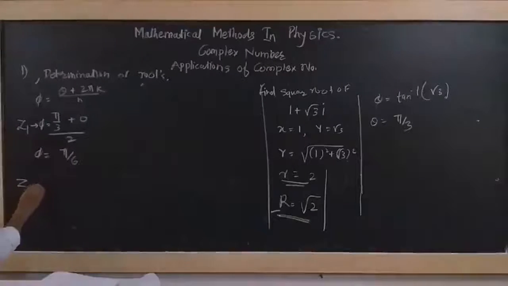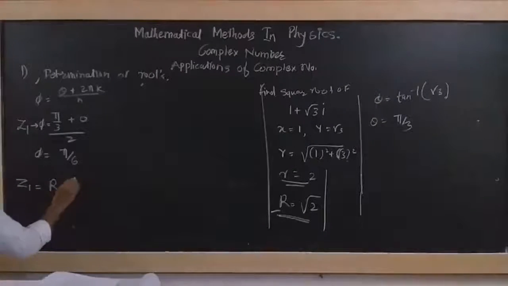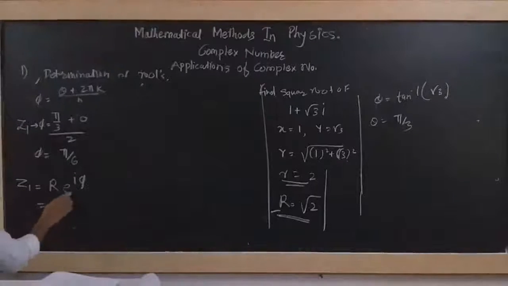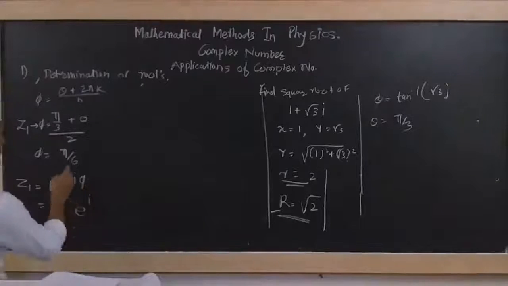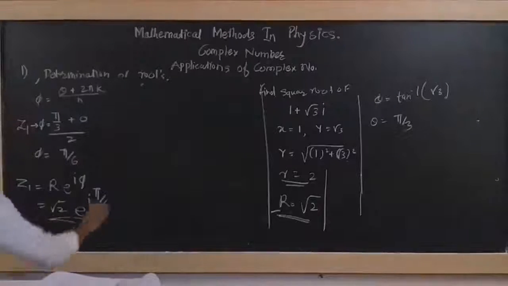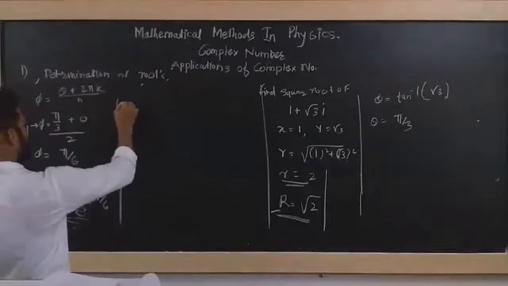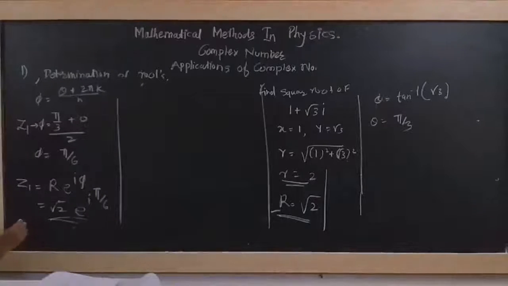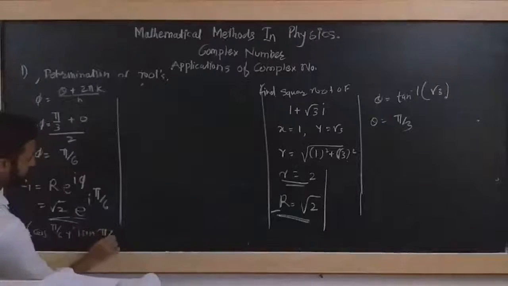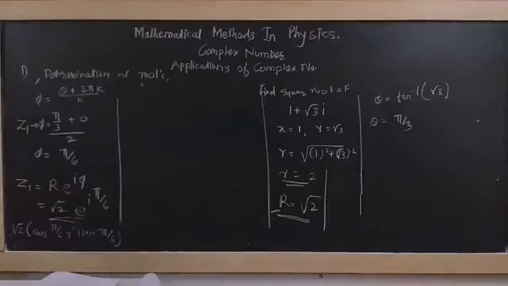So we can write z1 is equal to r e raised to i phi. What is the value of r? Root 2. What is the value of e raised to i phi? e raised to i pi by 6. So you can simply rewrite it: root 2 outside and cos pi by 6 plus i sin pi by 6.